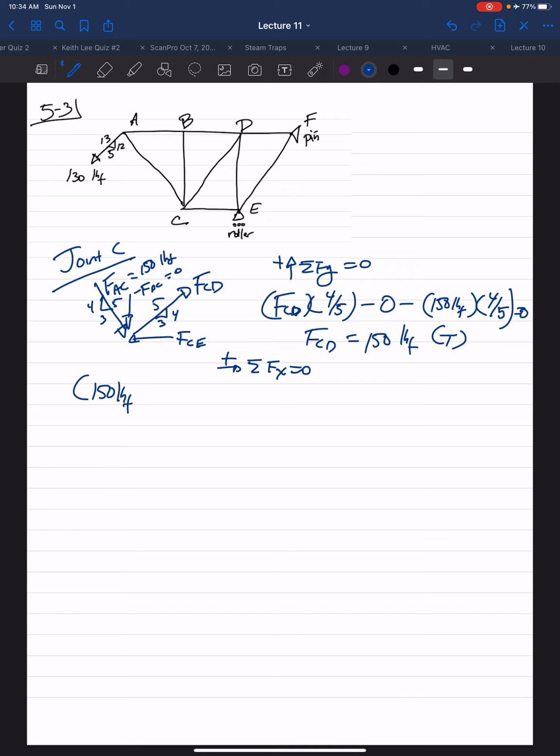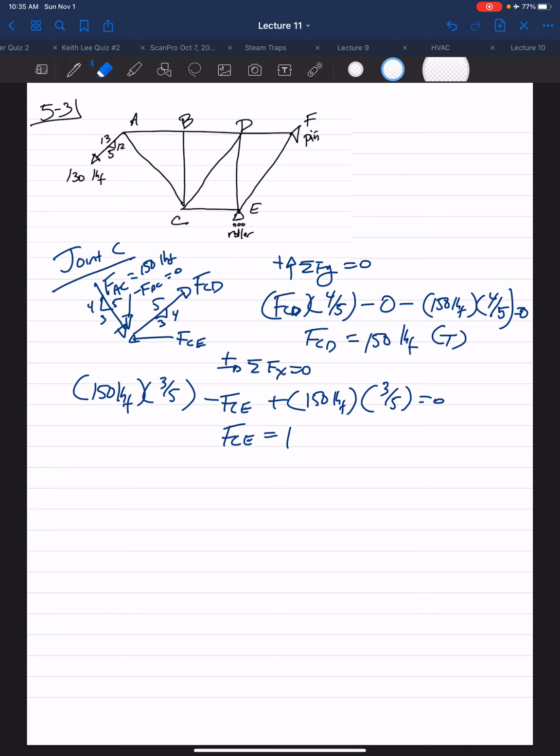So it's 150-pound force times 3/5 minus FCE, our last unknown at this joint, plus FAC, which we said is 150, times 3/5 equals 0. FCE is 180 and FCE is in compression.